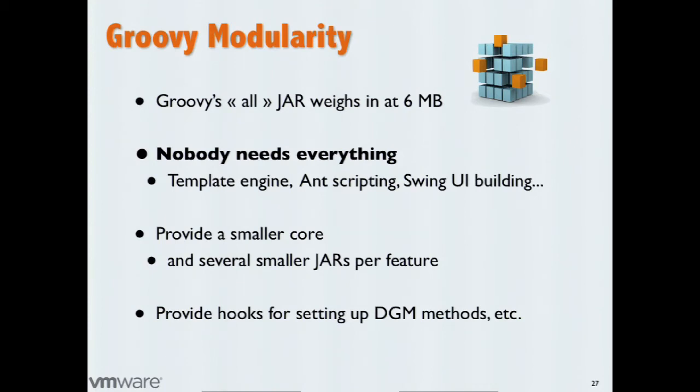This jar also embeds ASM for bytecode generation and Antlr for parsing, which are essential for Groovy to be able to parse programs and compile to bytecode. And this big jar weighs in at 6 megabytes, which is quite big.